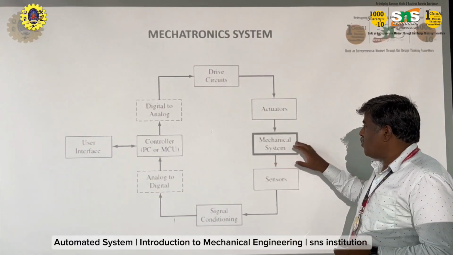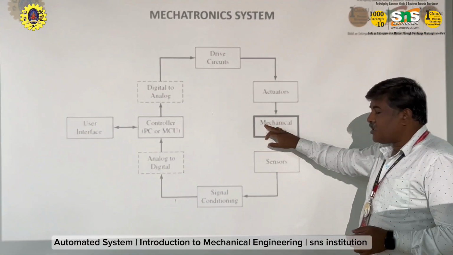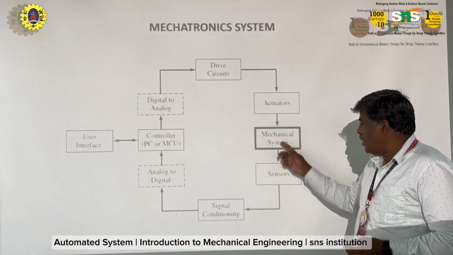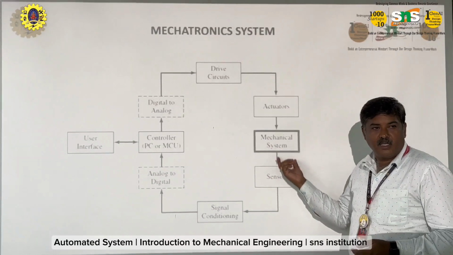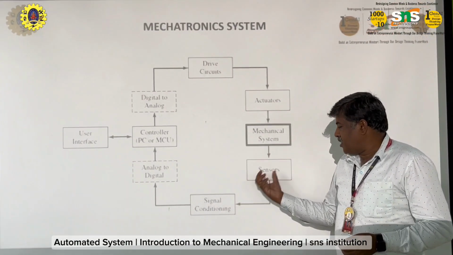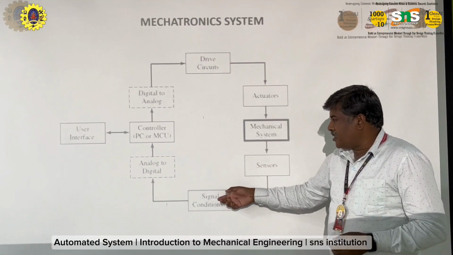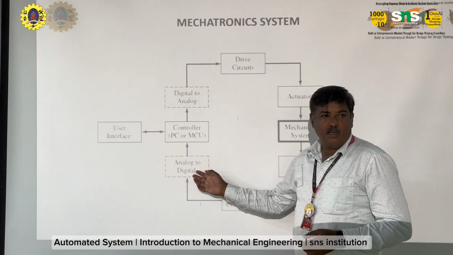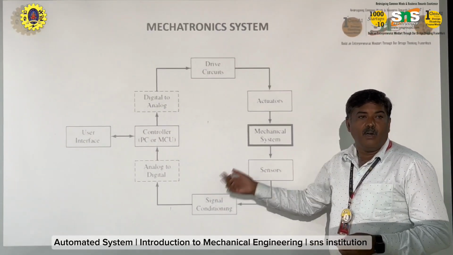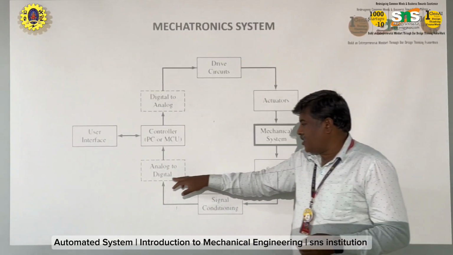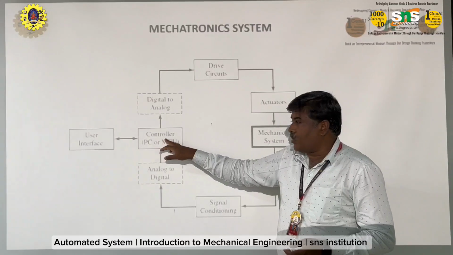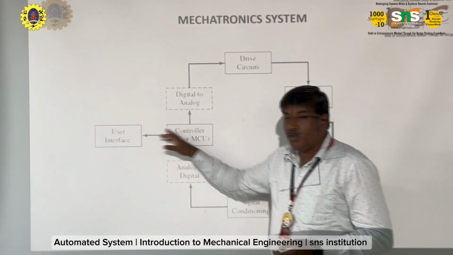First, in this mechanical system we use sensors. These sensors sense what is happening here and give it to the signal conditioning. The signal conditioning gets the commands from the sensors and gives them to the analog to digital conversion, because the controller cannot understand analog signals. The digital signal is given to the controller, and we use an interface to control this.